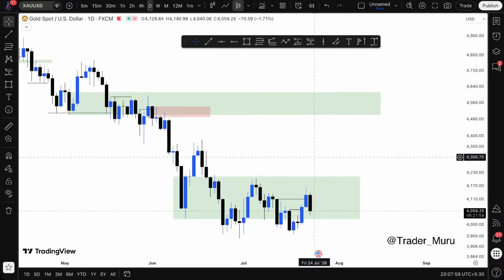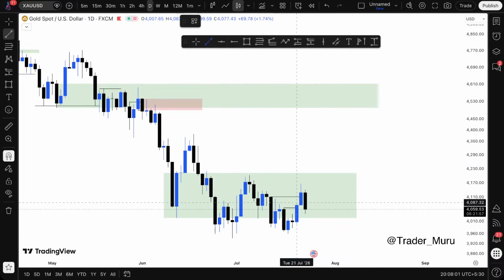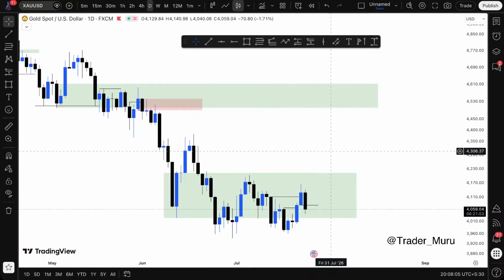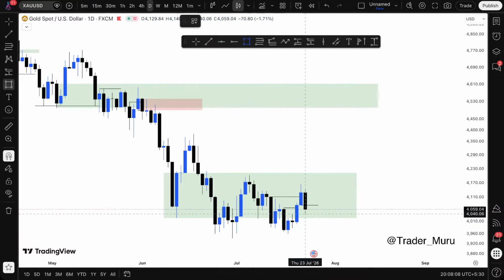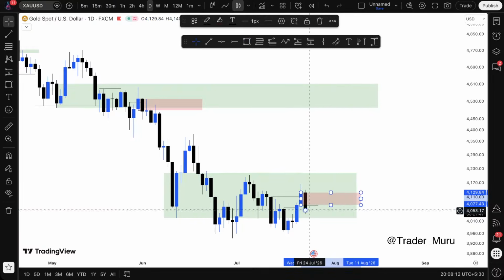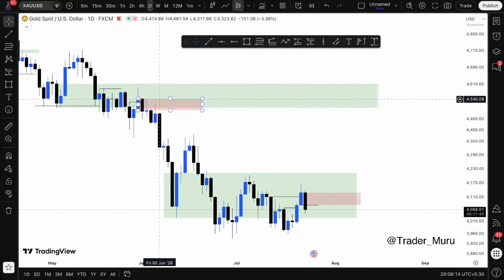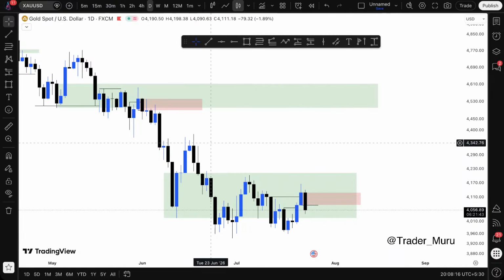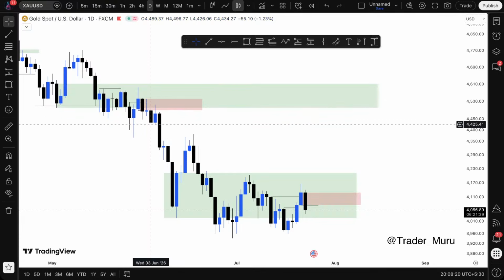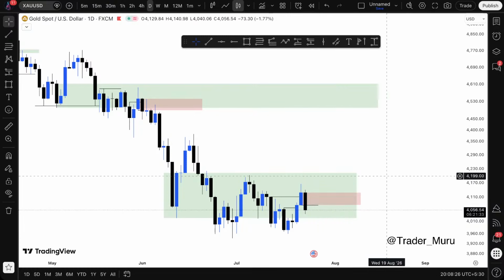Daily turn bullish. Now if we have a candle closing below 4070 today, it will turn bearish. Then on the next day, it should retest and drop. Same thing. For a few days, price will range here just like this and drop again. Range here just like this and drop again.